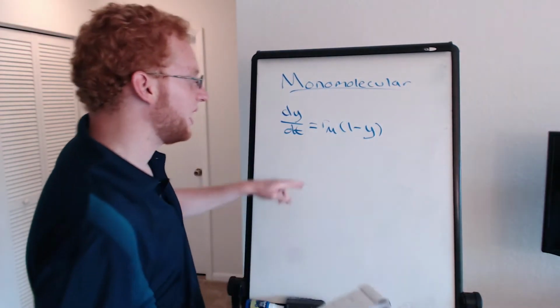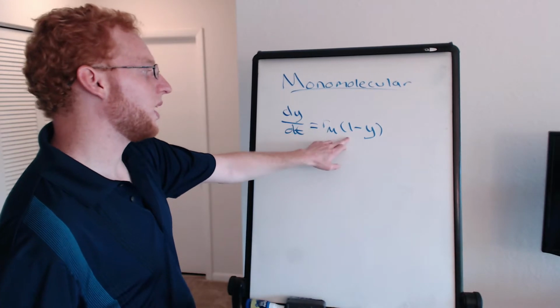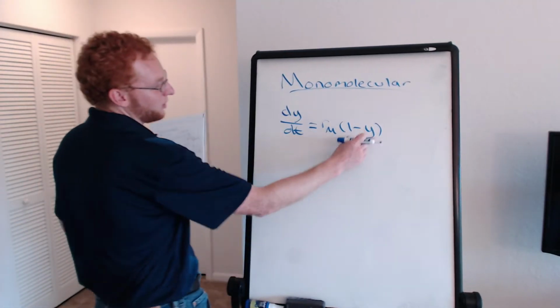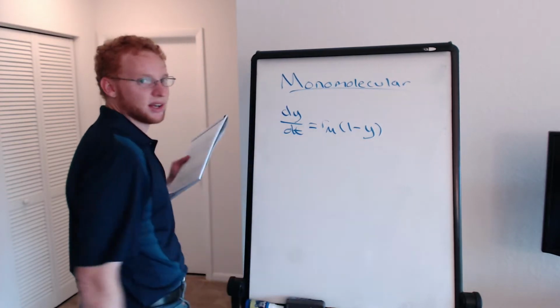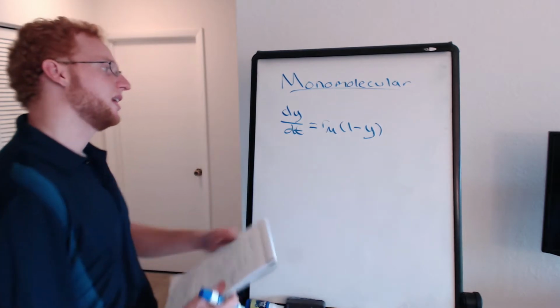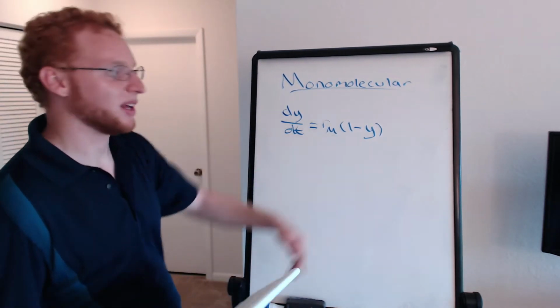If we remember, in the exponential, dy/dt is equal to a rate times y. In this case, it's a rate times 1 minus y. And 1 minus y is the proportion of non-infected, the proportion of healthy plants. The y is the proportion of diseased plants, 1 minus y is the proportion of healthy plants.